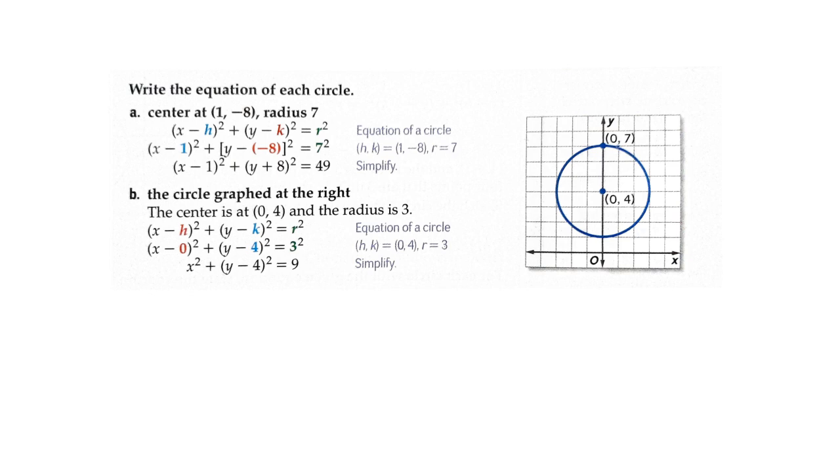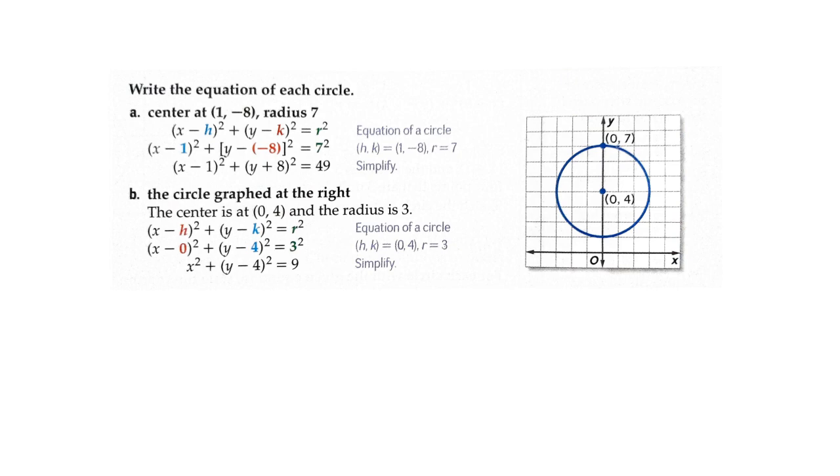If we look at the picture, we can clearly see that (0, 4) is the center of this circle, and we have a given point on the circle which is (0, 7). Again, the standard form of the equation of a circle is (x minus h) squared plus (y minus k) squared equal to r squared.